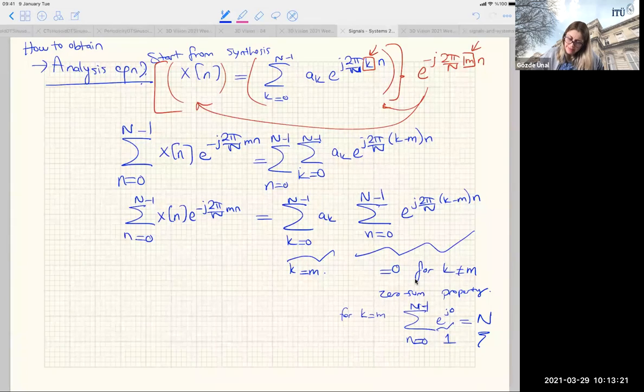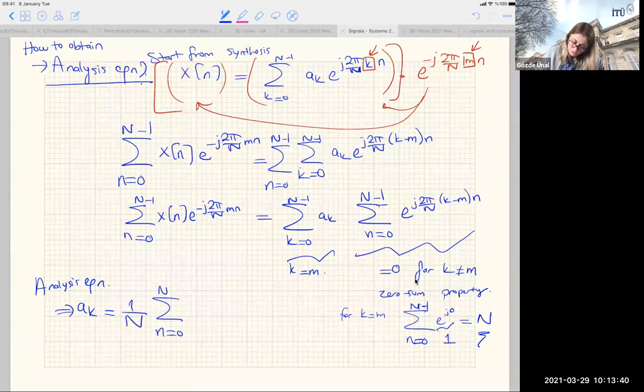So I really have ak, the synthesis or analysis equation, meaning how to obtain ak given an x of n signal, is this: 1 over N, sum from n equals 0 to N minus 1, in one period, of x of n, we said ak, so I'll just switch back to k, not m, e to the minus j 2 pi over N km.